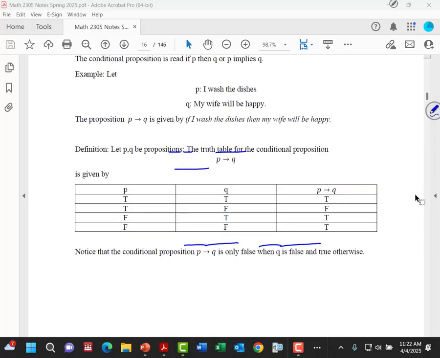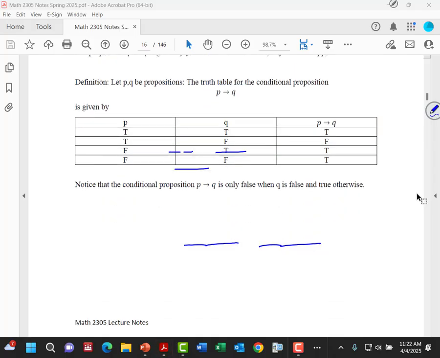Now, just like we have truth tables for conjunctions and disjunctions, we also have a truth table for the conditional.